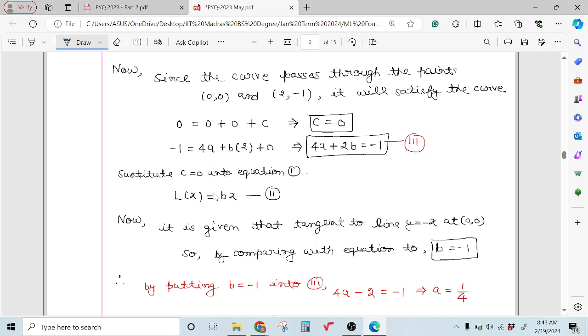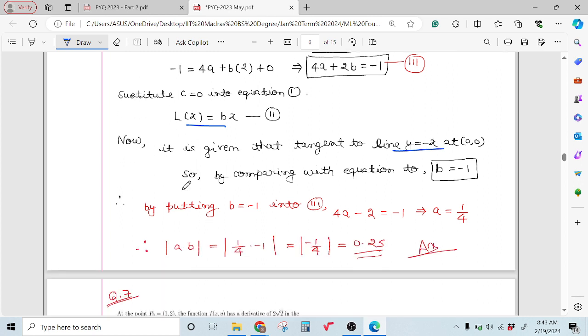Now it is given that the tangent line is y is equal to minus x at 0 comma 0. By comparing these two, this equation and y is equal to minus x, because they correspond to the same tangent, we can find b as minus 1.